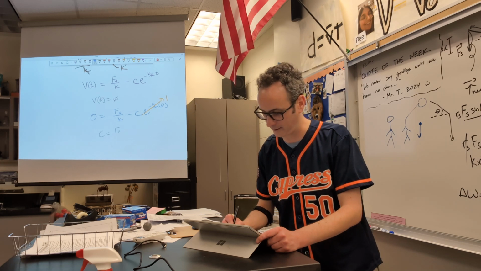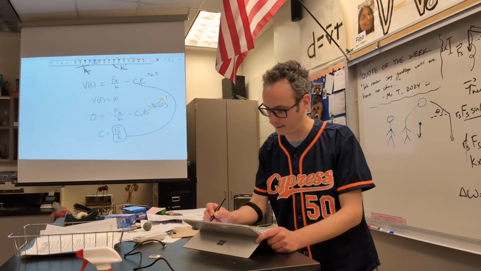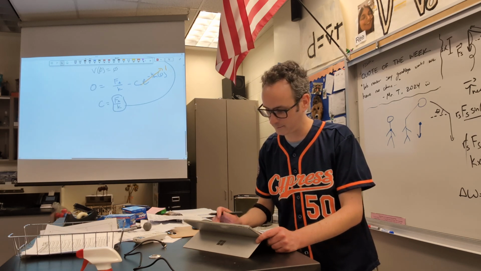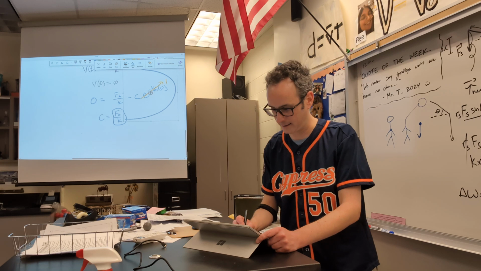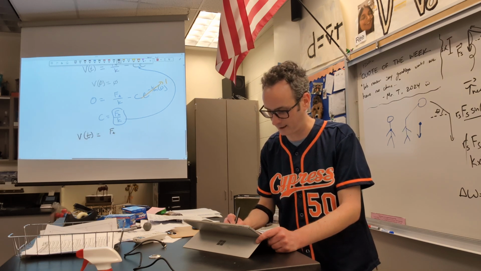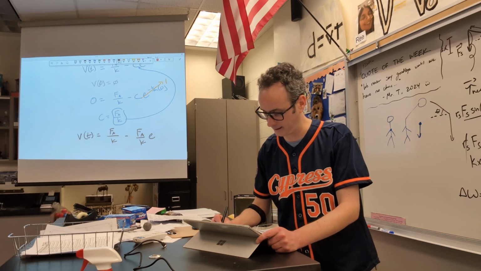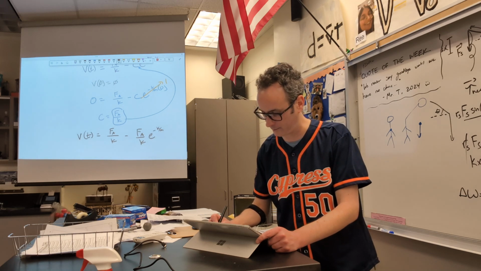C is Fa over k. And now I'm going to plug that in for my c, and that'll give me my last thing. So I got the velocity as a function of time is equal to Fa over k minus Fa over k e to the negative k over mt.